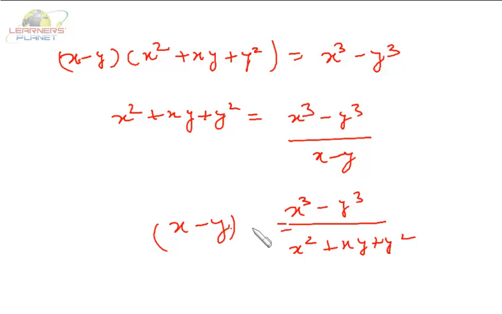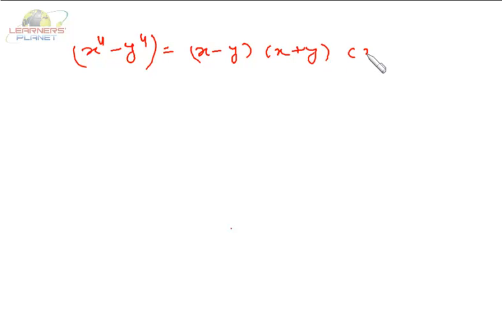Okay, so similarly let's take one more example. Suppose I have x to the power 4 minus y to the power 4. It can be written as x minus y, x plus y and x square plus y square.